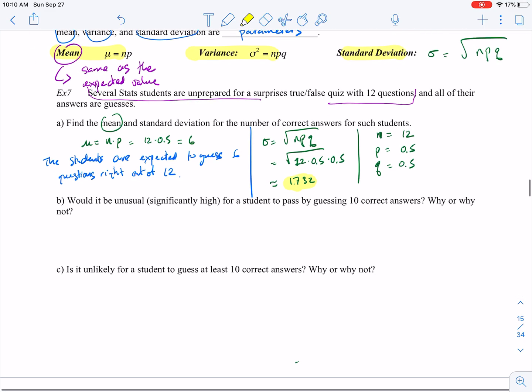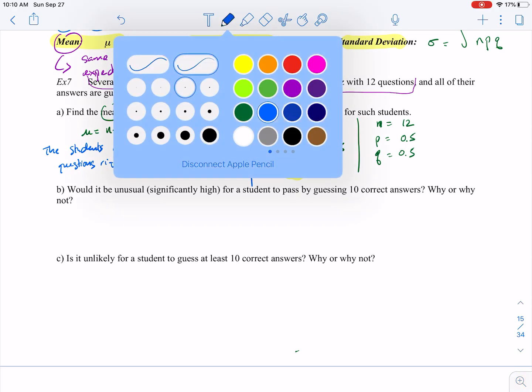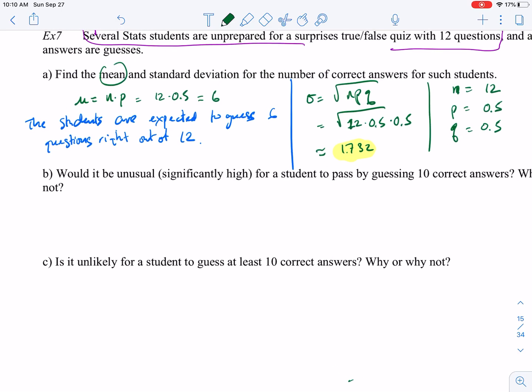Okay. Part B is asking, would it be unusual or significantly high for a student to pass by guessing 10 correct answers? Why not? This asks us to use the range rule of thumb again, so let's go ahead and get to that.